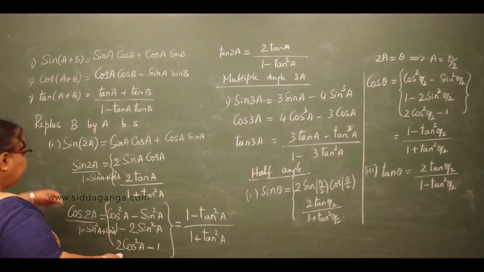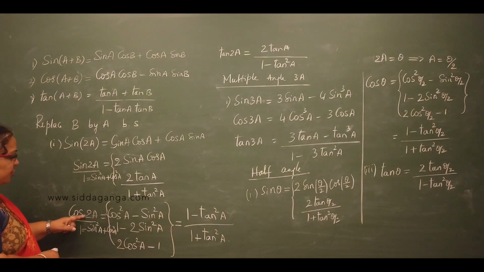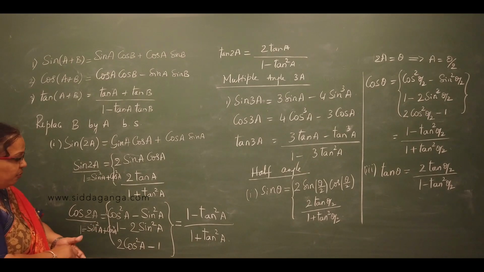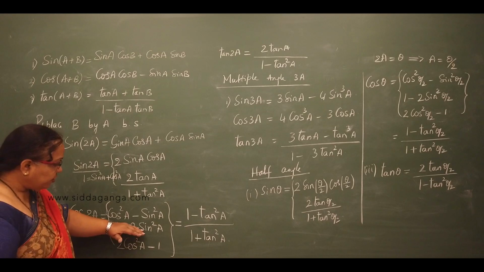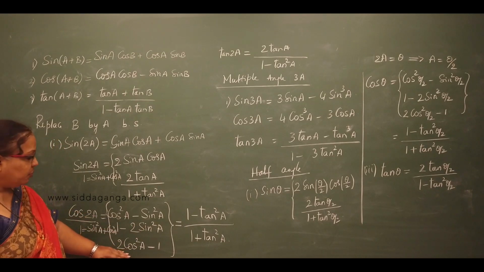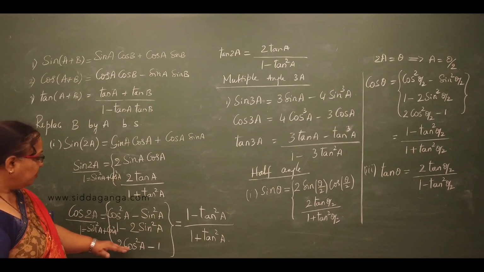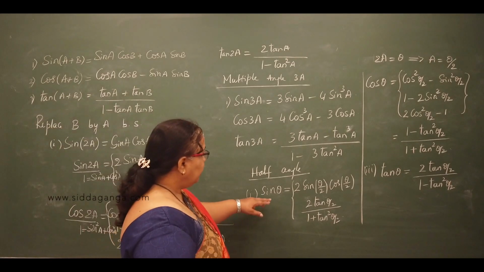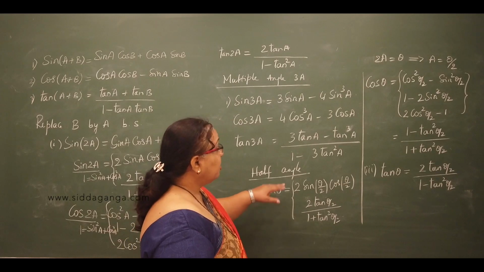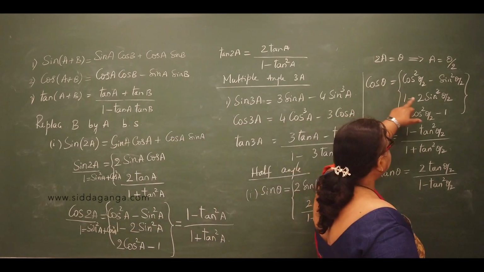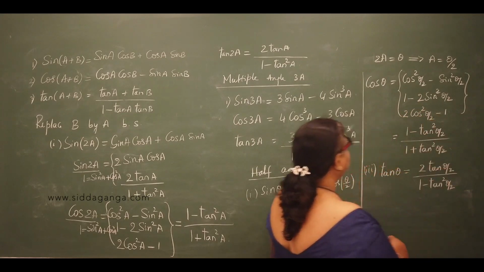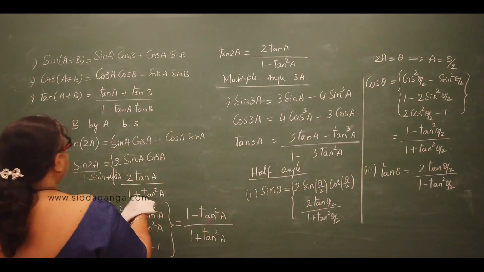So here, cos 2A, we know that it can be expressed only in terms of sine ratio and only in terms of cos ratio. We have to consider those two.